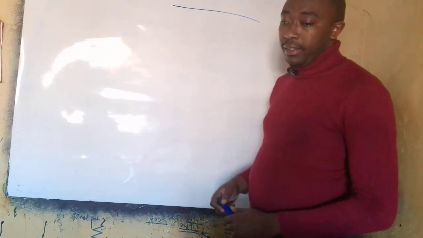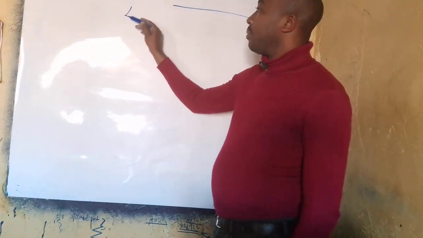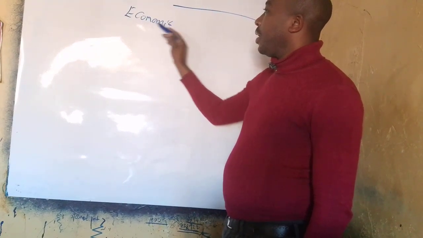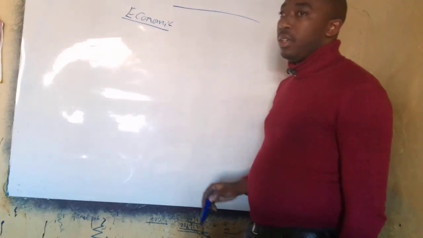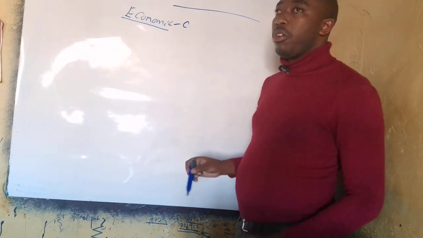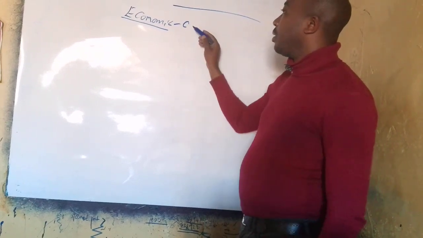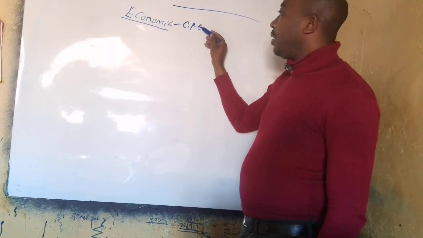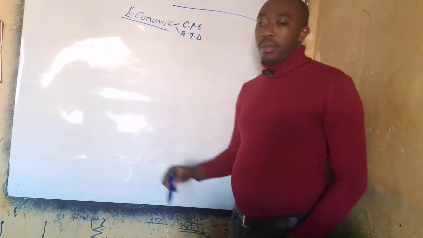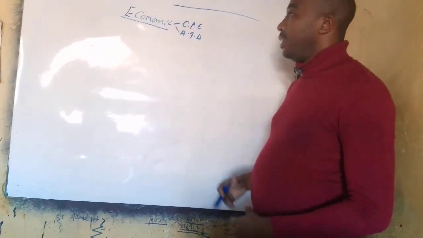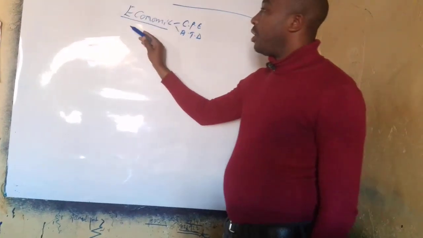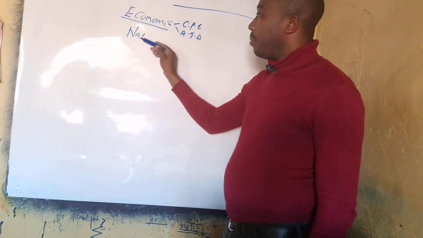I want us to look at economics, and this economics is for people pursuing any course with economics, such as CPA, ATD, Bachelor of Commerce, etc. And I want us to focus on something called national income.